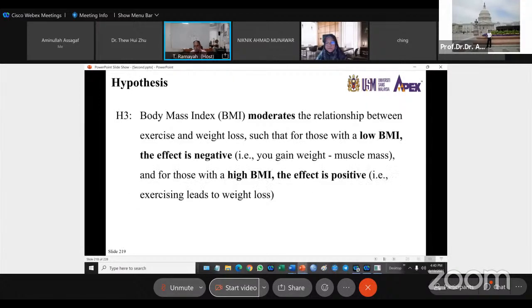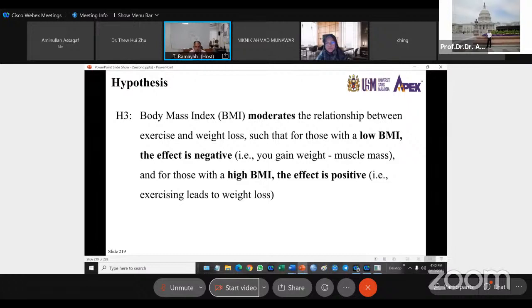Okay. We can also write a directional hypothesis for a continuous moderator like this. Here we have exercise and weight loss as the independent and dependent variable. The moderator variable is BMI.